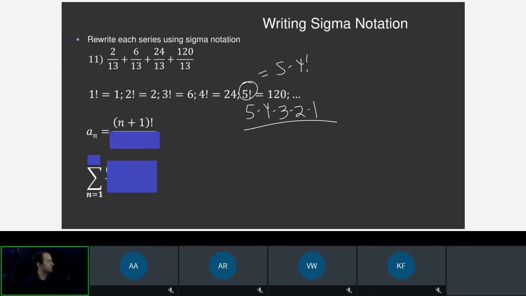So remember, let me go ahead and write this down. n equals 1, 2, 3, and 4.